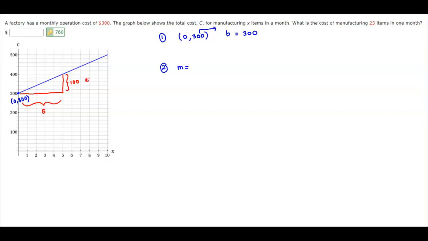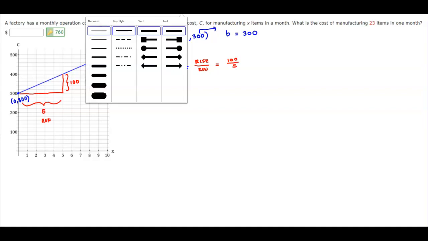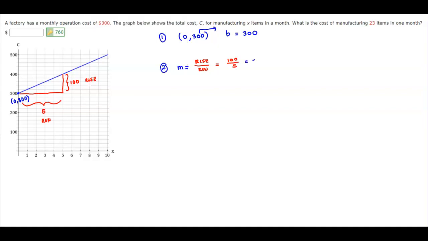So this is the rise, this is the run. So the slope is equal to the rise over the run, which is equal to 100 divided by 5, which gives us a slope of 20.